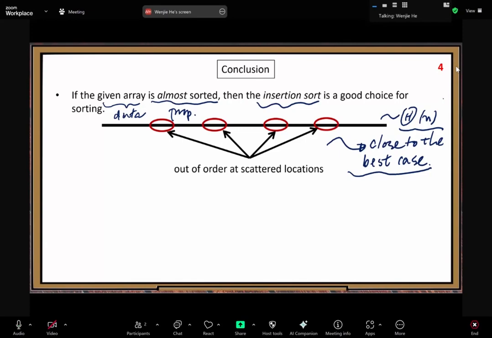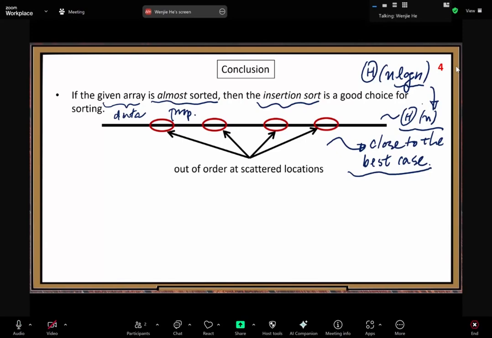But if you do not use insertion sort, as I mentioned at the beginning, we will learn 3 more sorts after this one. If you apply any one of the remaining 3 sorts, the best you can get is big theta of n log n. With n log n, you have an extra log n multiplied by n, so it is worse than this n.